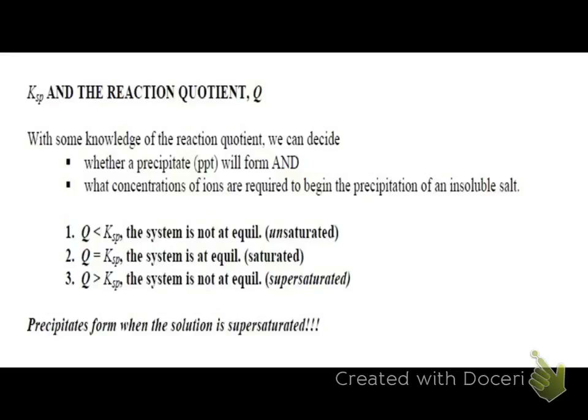If Q is less than, greater than, or equal to KSP, it's going to mean whether we precipitate or not. So in this first one, Q is less than KSP. That means that the system is not at equilibrium. It's unsaturated. So no precipitate would form.